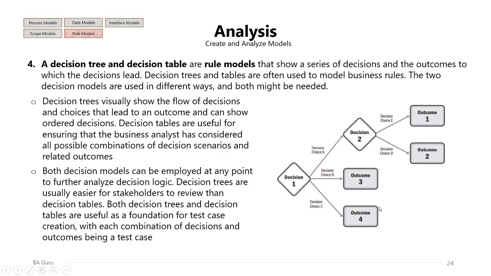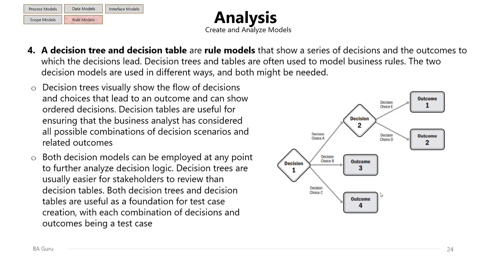So it's a flow, starting with decision 1 that might be A or B or C, and then going to decision 2 which might be E or D. If you went, for example, for choice D, you will have the second outcome. This is why the decision tree is easier to read than a decision table.